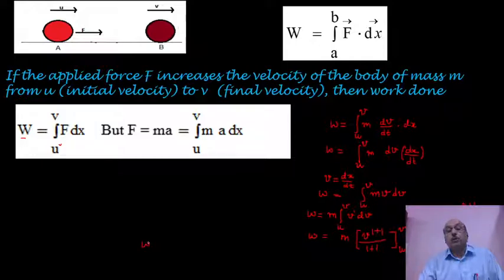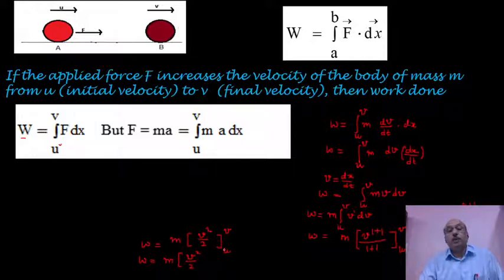So W is equal to m v squared by 2, and the limit is u to v. Or W is equal to m, first we write the upper limit in place of v, so it is v squared by 2.